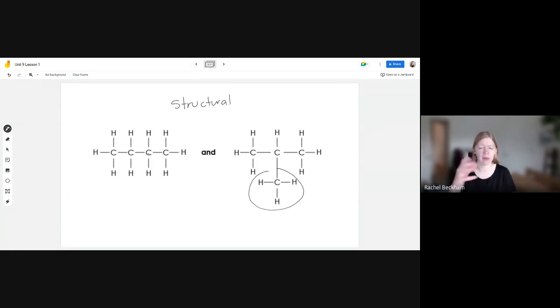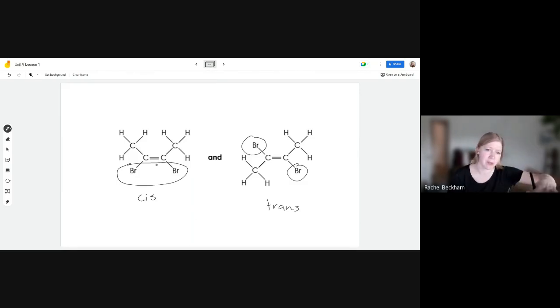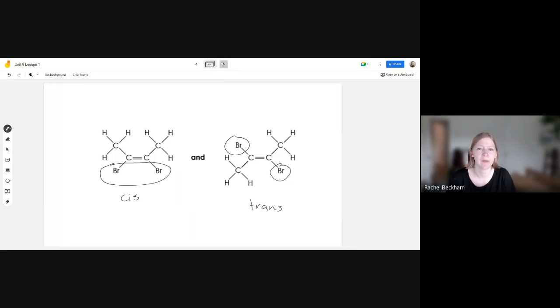It's not like it went up to a different spot. Let's look at this one here. Here we have C double bond C, bromine, bromine. Here we have C double bond C, but look, the bromines are on the same side here, cis. And now the bromines are on opposite sides, trans. So this is a cis-trans isomer, because first they're on the same side and then the bromines are on opposite sides. Cis-trans isomer for that one.